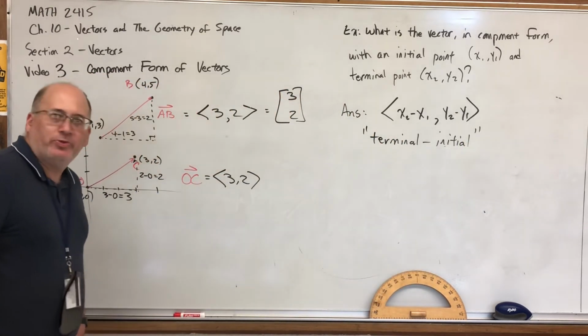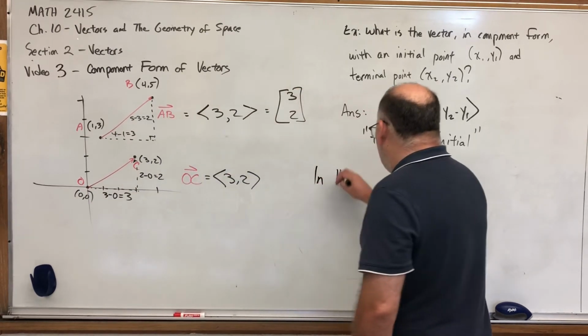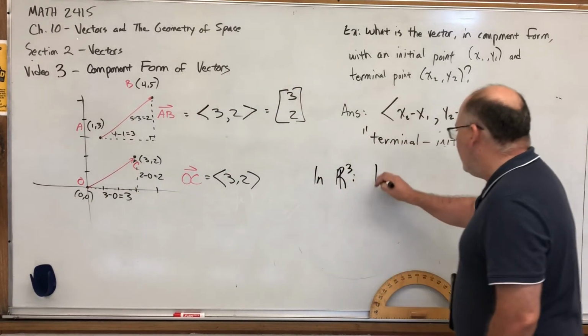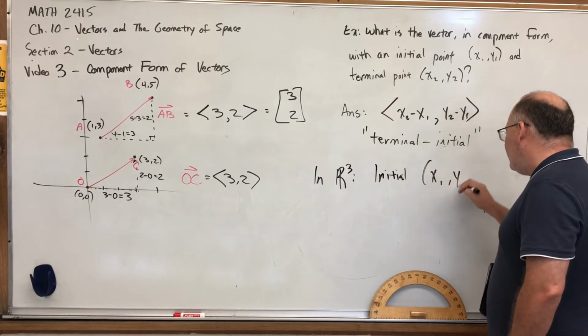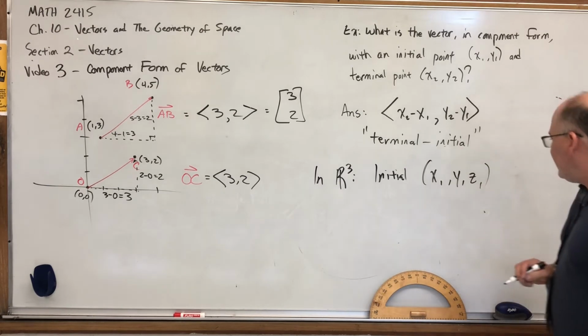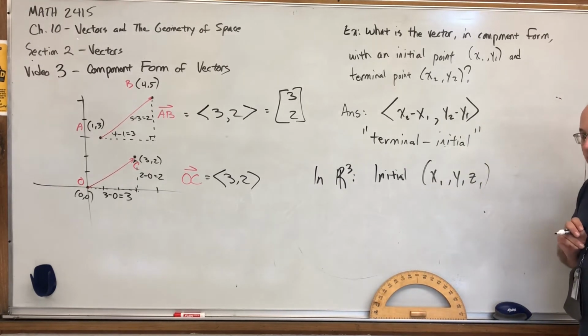And the same thing holds in 3 dimensions. If we were in R3, then our initial point would have 3 coordinates. Let's say x1, y1, z1. And I don't think I said this in class the other day, but when I write my z's, I put a line through them so you know it's not the number 2.